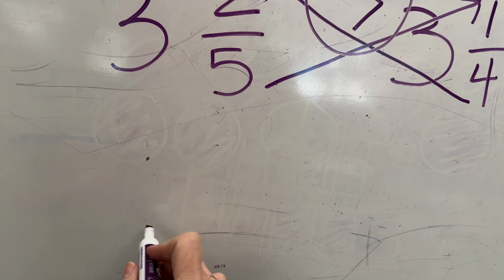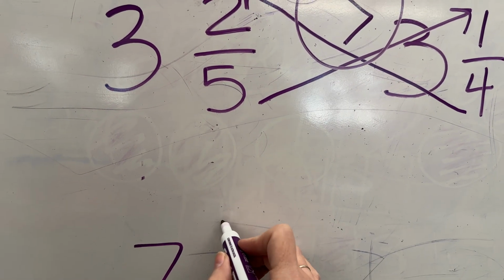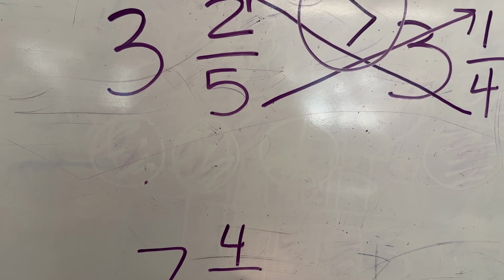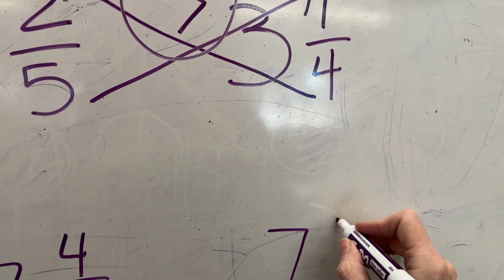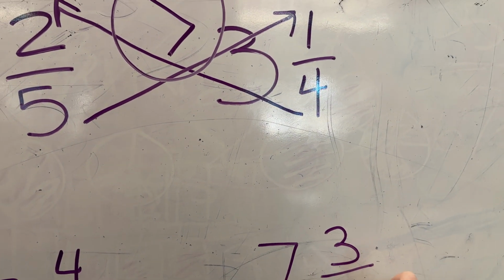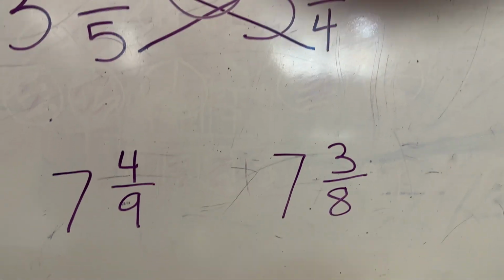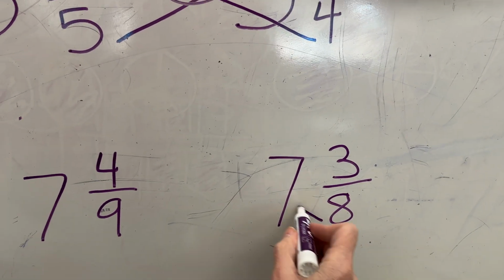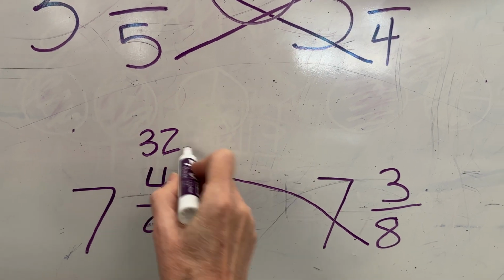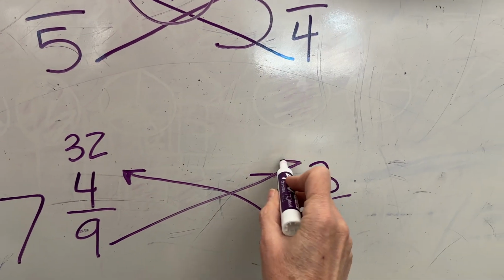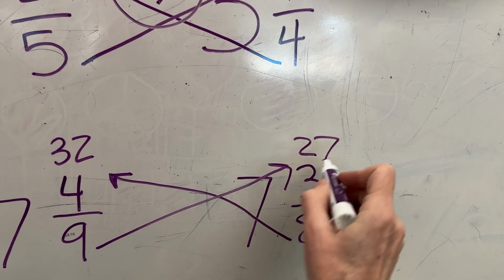Okay, let's see. 7 4/9. 7 3/8. 8 times 4 is 32. 9 times 3 is 27.